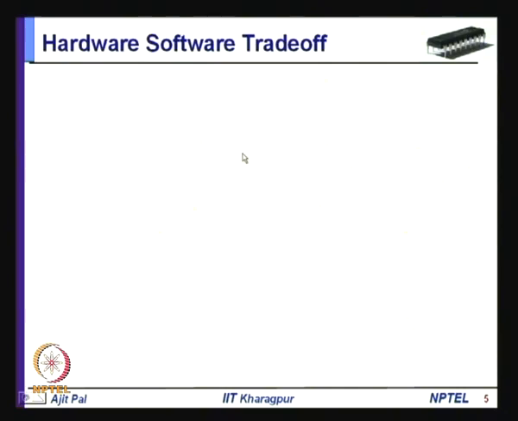What do we really mean by hardware software trade off? Whenever we start designing a system, first we identify which part to be implemented by hardware, and then that hardware part of the design will follow the hardware design flow.